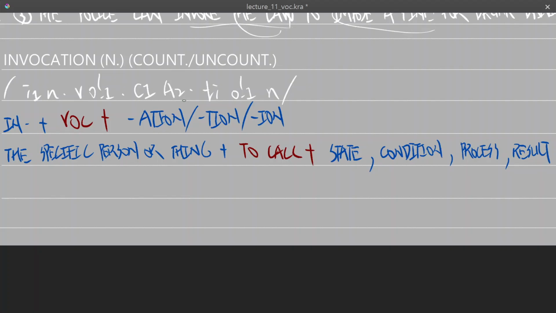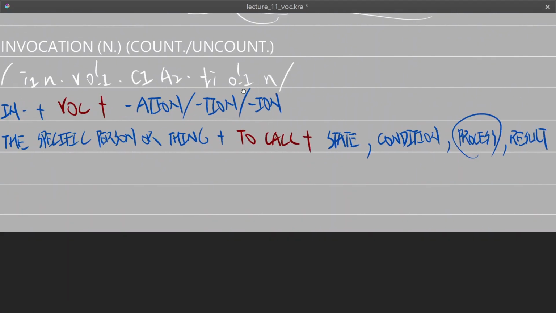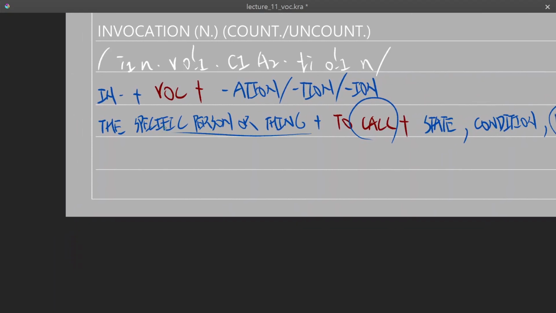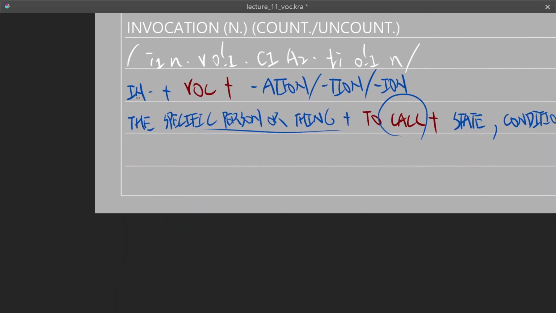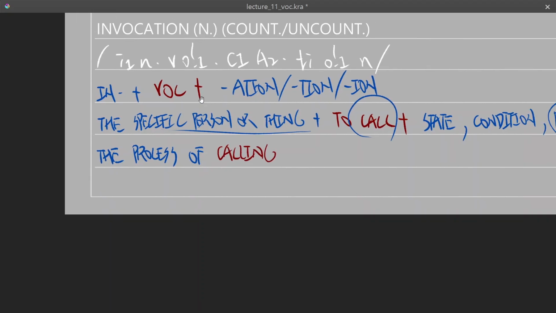Cool. So invocation literally means the process of calling a specific person or thing. So the process of calling what?